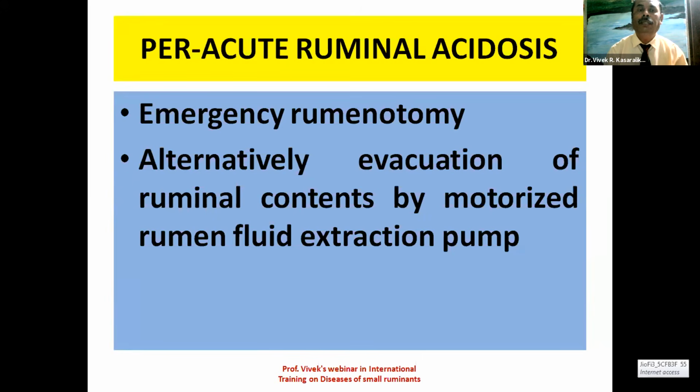In case you don't opt for rumenotomy operation, the other alternative is evacuation of rumen contents. But for this, you should have either a handheld rumen fluid extraction pump, or I will suggest a motorized rumen fluid extraction pump. This is available for about 8 to 10,000 rupees, and I feel that it should be a part of every dispensary, because it comes to the rescue of the veterinarian in most emergency cases.